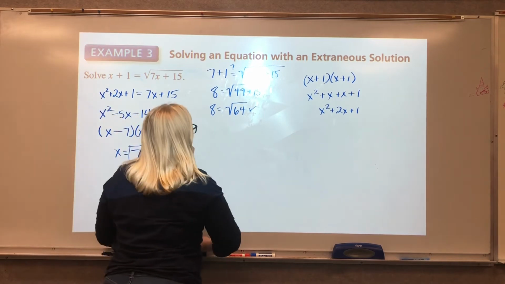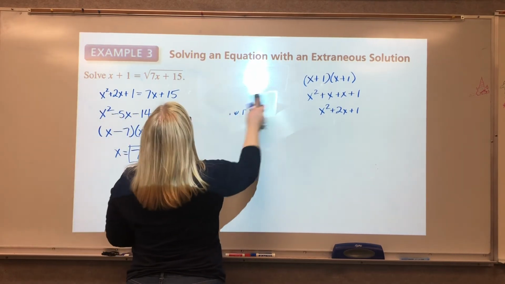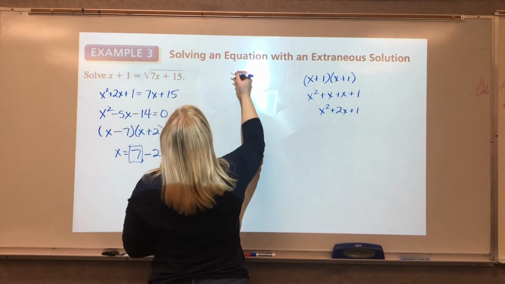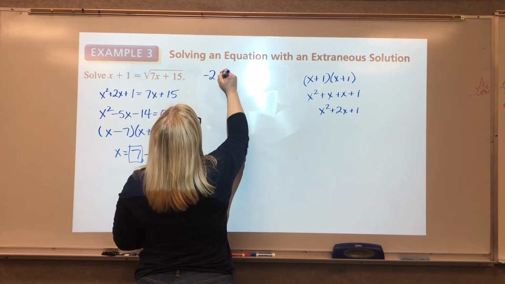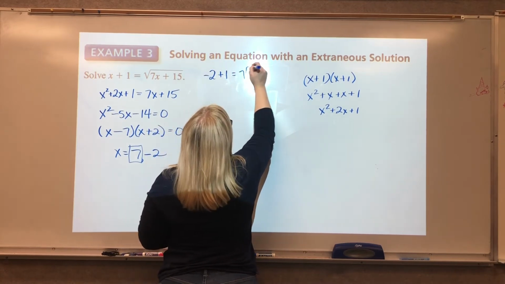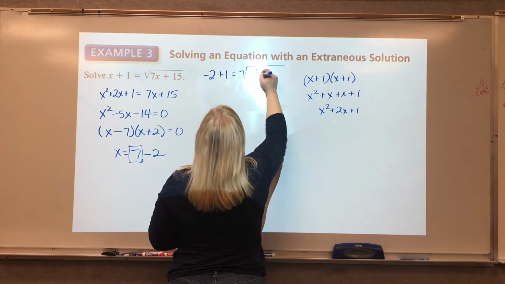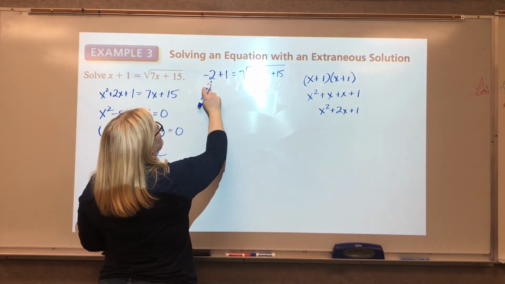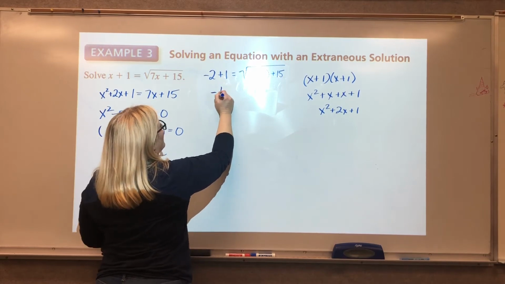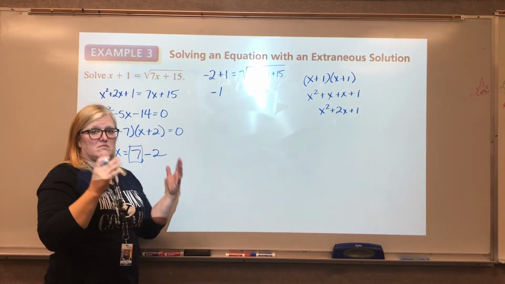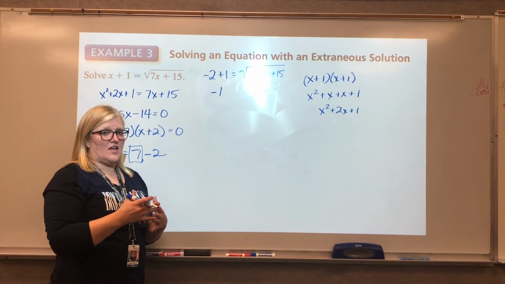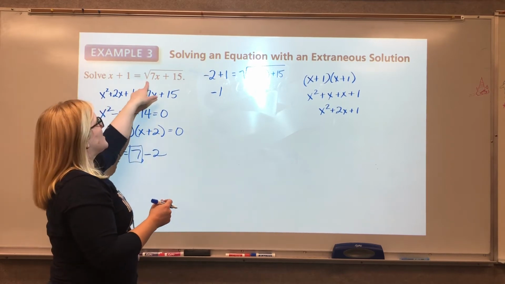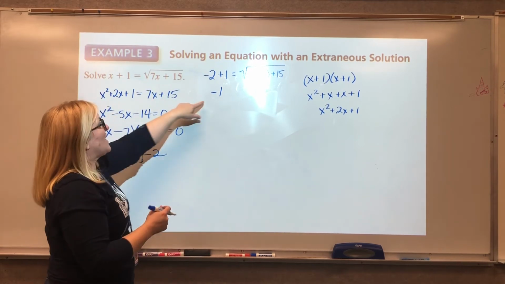So 7 is an answer. But let's look at negative 2. If I put in negative 2, I have negative 2 plus 1 equals the square root of 7 times negative 2 plus 15. Negative 2 plus 1 is negative 1, and that right there really should be your answer, because you can't take the square root of something and get something negative.